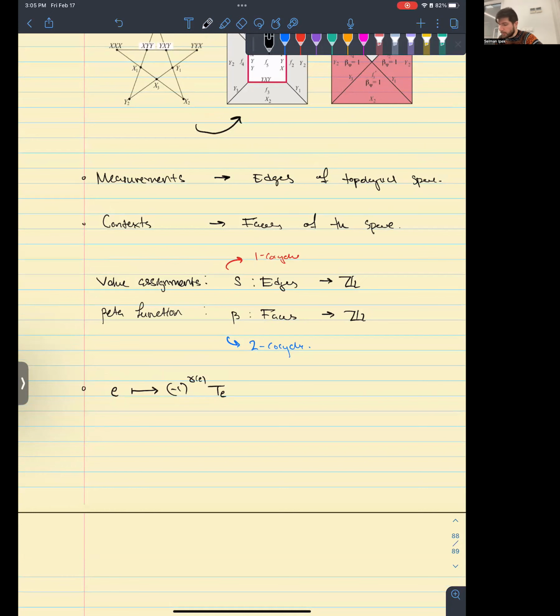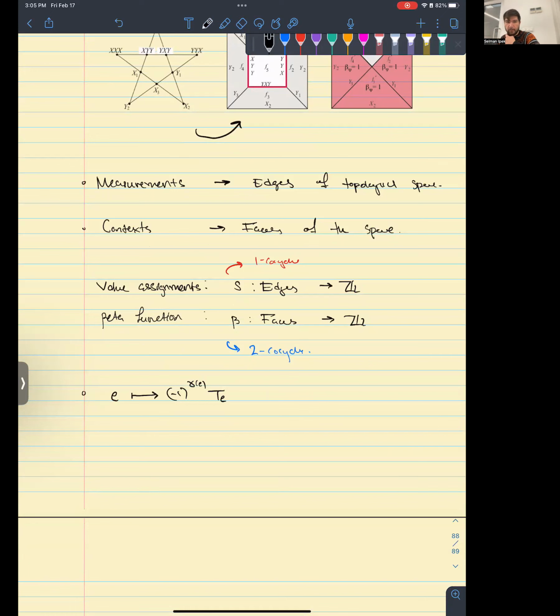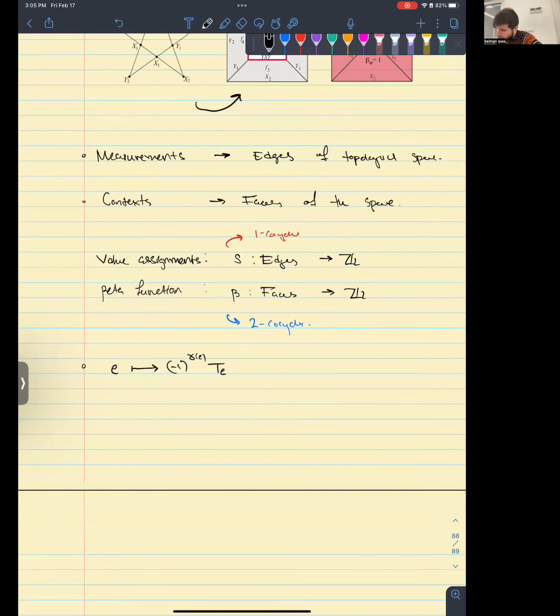It will be one of the Pauli matrices in the Mermin star example, for example. And so what we have is that when you go from an edge to an observable, you have this arbitrariness of the sign that you can give it.